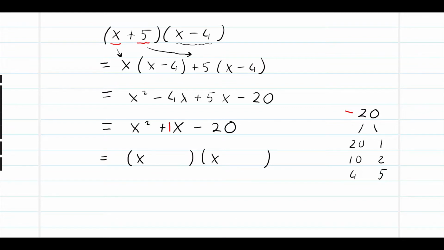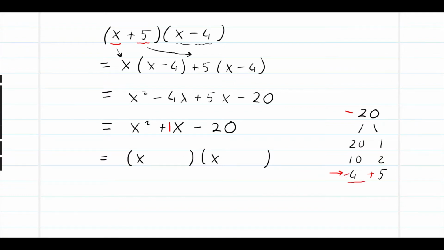So we're either going to get 20 minus 1, or 1 minus 20, or 10 minus 2, or 2 minus 10, or 4 minus 5, or 5 minus 4. Out of these ones, we can see that 5 minus 4, so plus 5, minus 4, is going to give us plus 1.